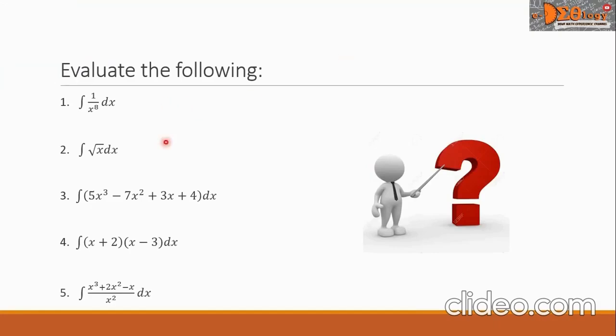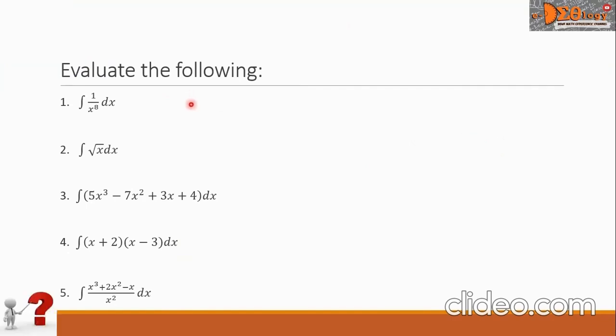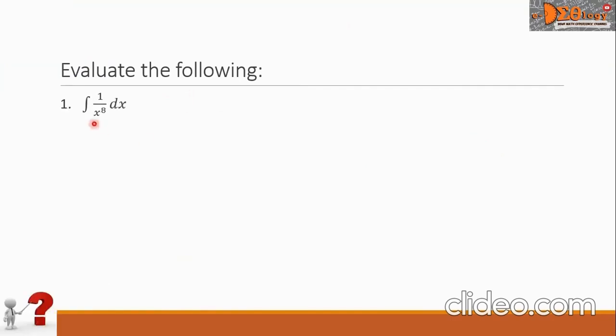In here, we have 5 integrals to evaluate. Let's begin with number 1. That is the integral of 1 over x raised to 8 dx. In here, we're going to rewrite the expression as the variable x with a negative exponent.